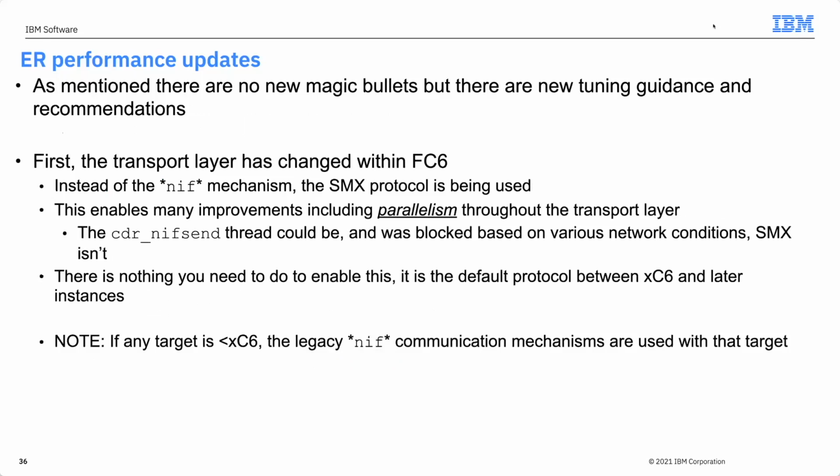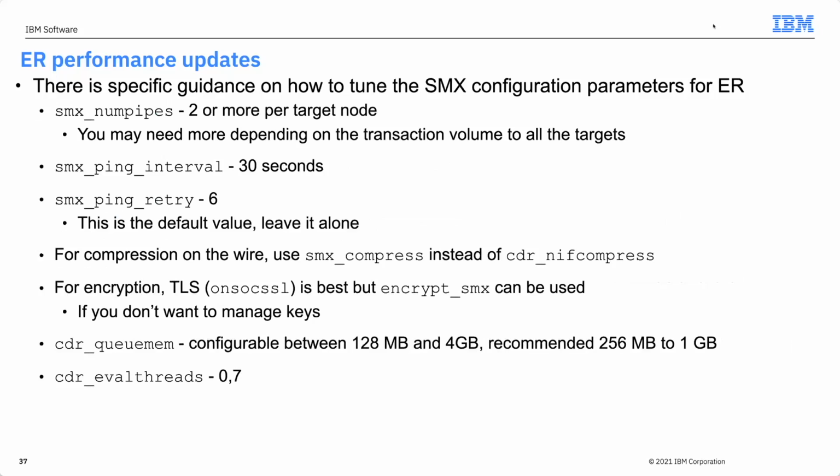He already talked about the fact that the vast majority of these changes occurred underneath the covers, that we converted from the NIF mechanism to the SMX protocol, which allows us to do parallelized transmission of data as well as out of sequence writes. For the SMX under ER, there was some specific tuning guidance given. And again, if you want an in-depth analysis of this, either go back to Scott's portion of the presentation or my XC6 replay, where I go into each of these in detail.